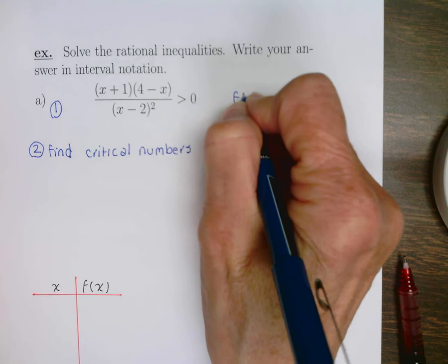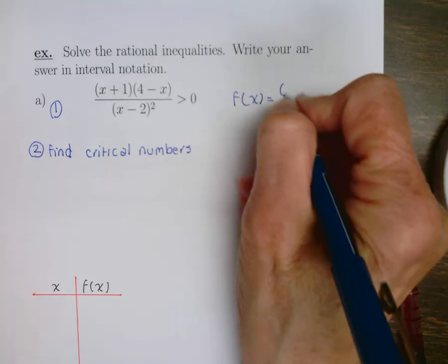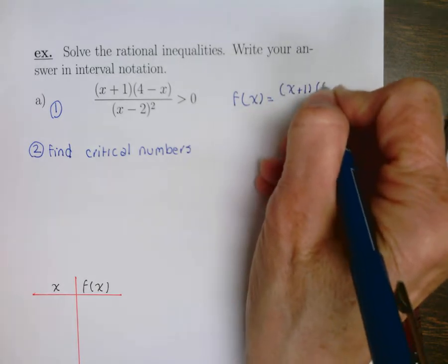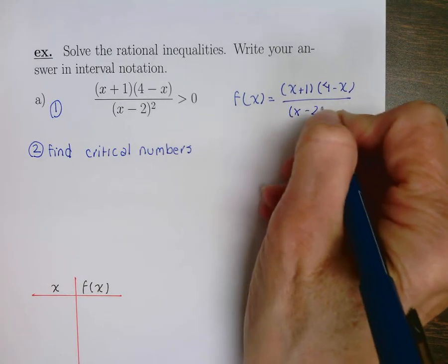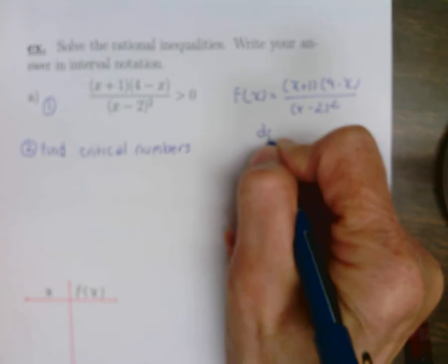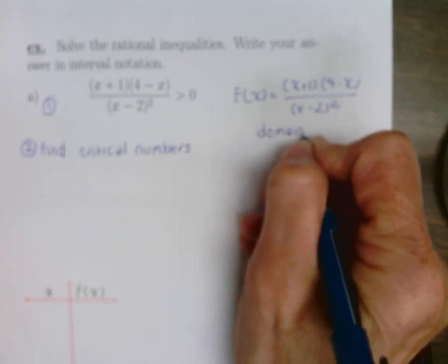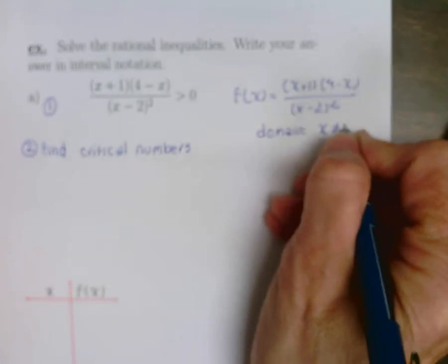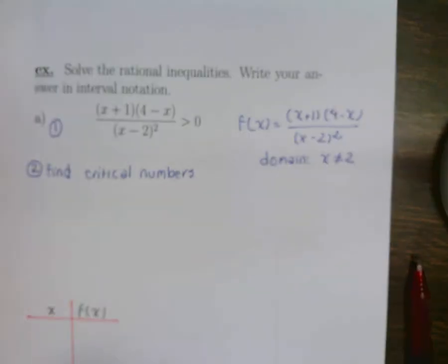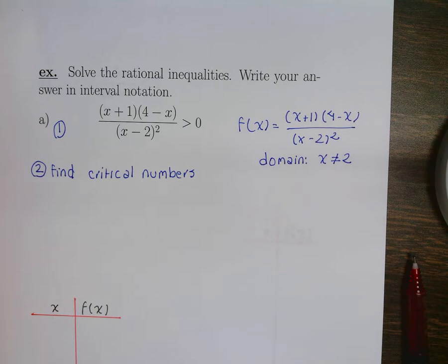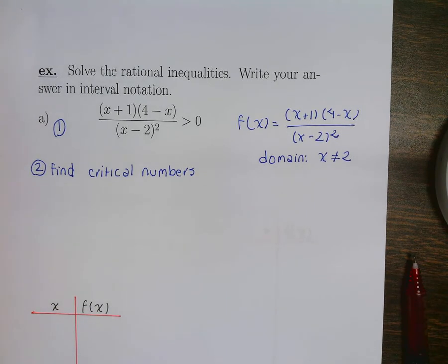And let me go ahead and give this function a name. And observe that in its domain, x can't be 2. Okay? So 2 cannot be an answer, but it certainly can be a critical number.